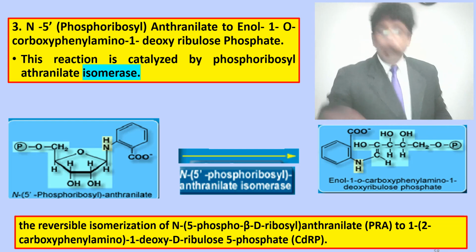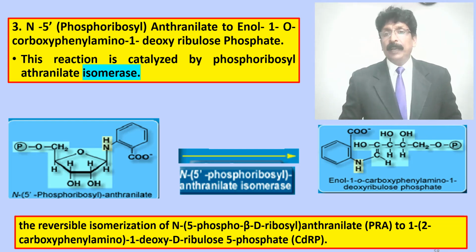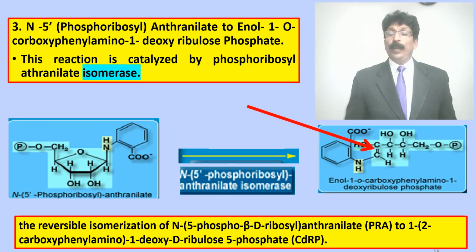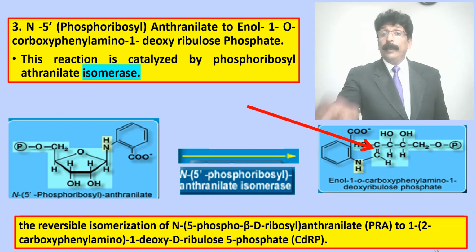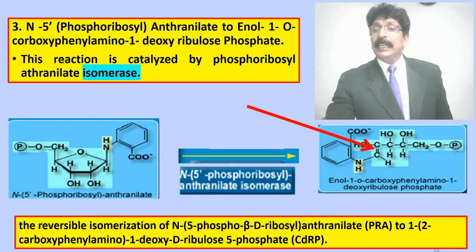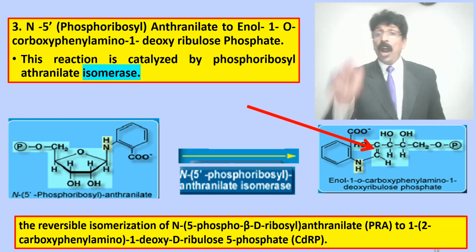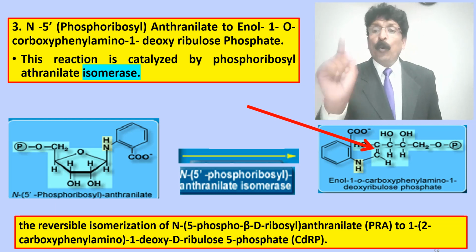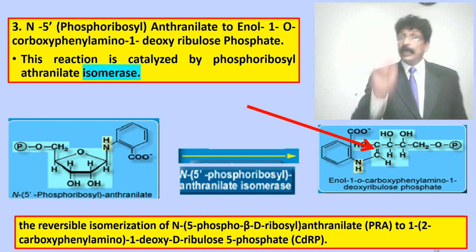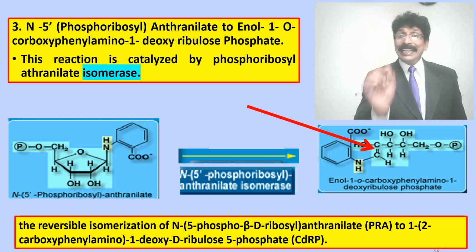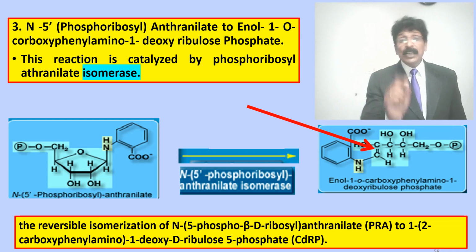Enol means there is a double bond. You see here, I put one arrow. There you can see a double bond very clearly. In the NH, C double bond, C, CH, OH, CH, OH, CH and phosphorylated. That is enol 1-ortho carboxy phenyl amino 1-deoxy ribulose phosphate. So you are getting CDRP, the reversible isomerization.